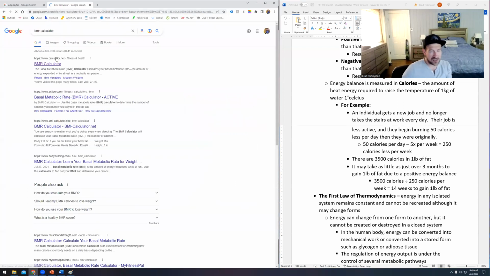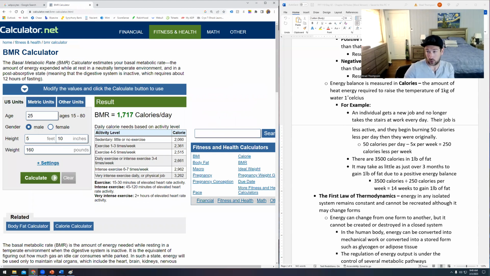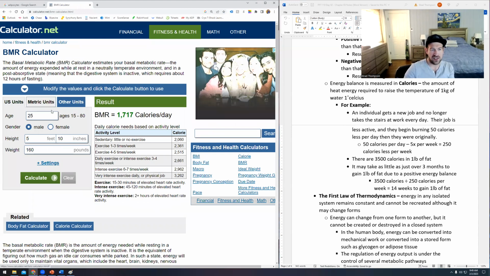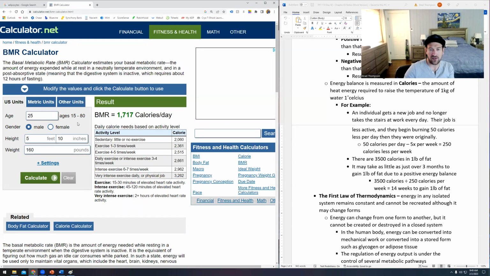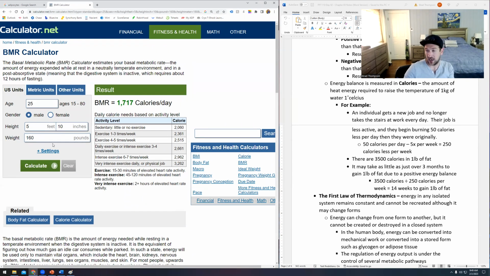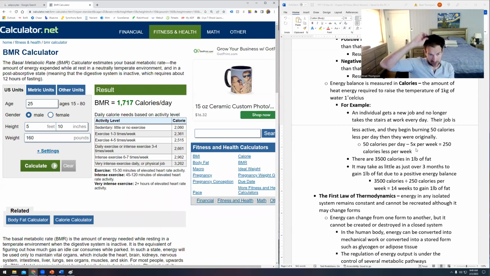So we're gonna take a look at somebody over the course of this 14 weeks, right? So this is, we'll say, a 25-year-old male, 5'10", 160 pounds, new job. So they end up losing that extra 250 calories a week, right?